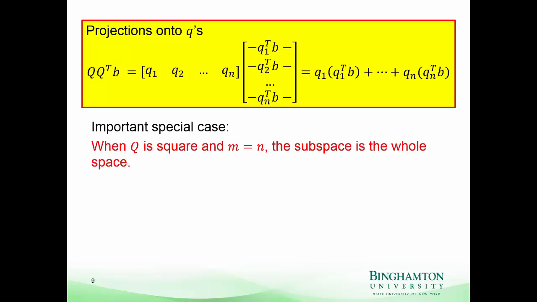So I've just rewritten that result up here, and now we're asking, suppose Q is square and M is equal to N. So in this case, we're less interpreting it as projection and more interpreting it as just finding a new basis. It's almost like changing to a new set of axes, so to speak.